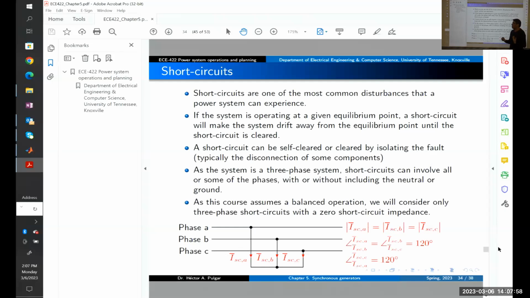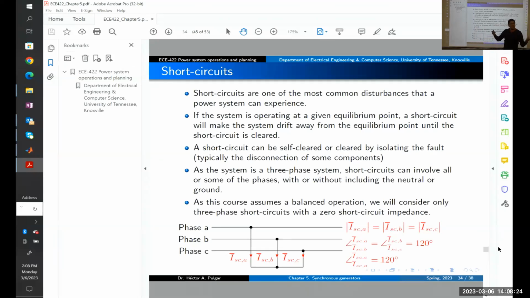Okay, and short circuits can be of different natures. The system is an ABC system, a 3-phase system. So when you have a short circuit, a typical one might be a storm. You have a storm, and the branches of a tree fall onto a line, and the branch makes contact with the 3 phases, and you have a 3-phase short circuit.